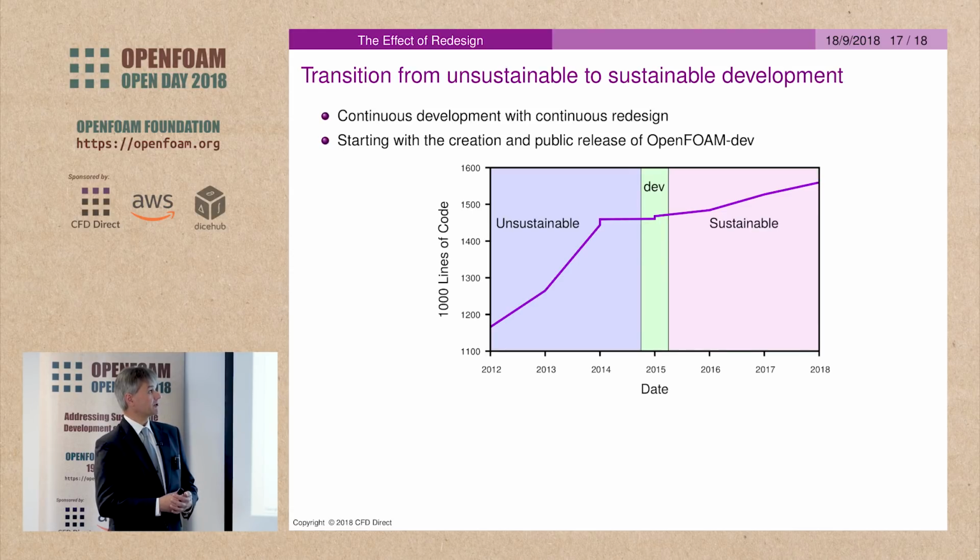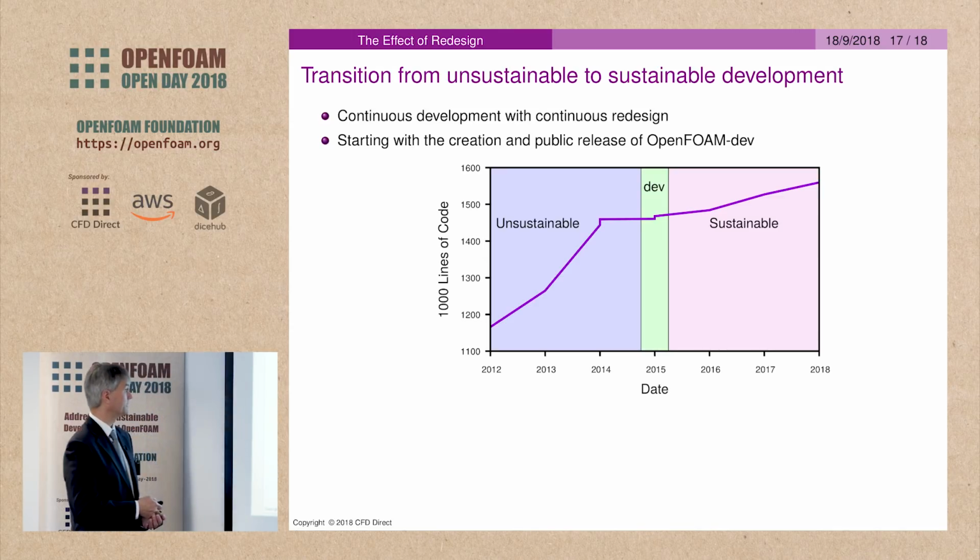So we've made a lot of progress, and we can chart some of that in terms of maintainability from the graph of the code lines. So we have continuous development with continuous redesign to moderate how rapidly the number of lines of code increases.